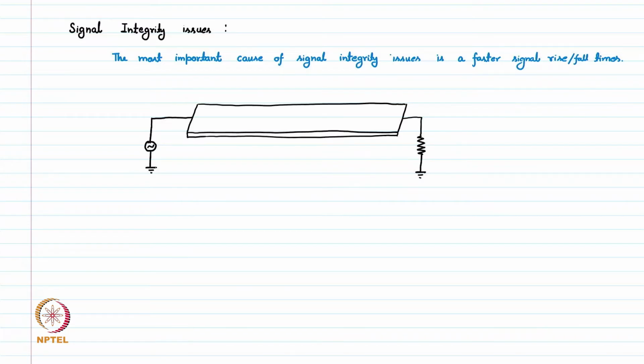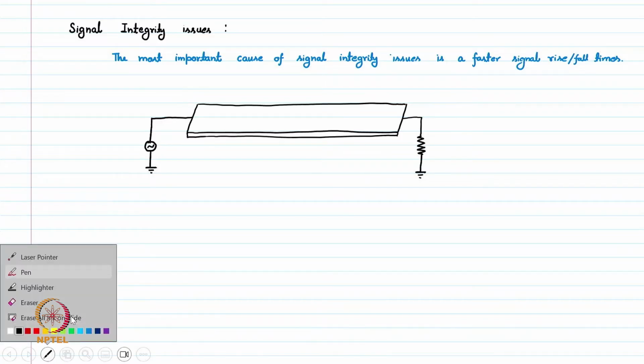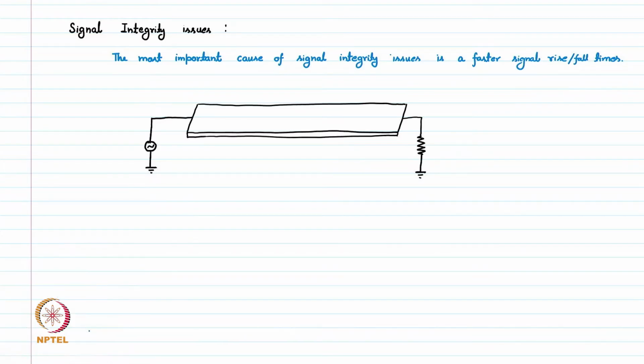Now when we apply this signal, for example, we are going from low to high or high to low signal. Let's say initially we have a high signal, which is, let's say, 5 volt here, and initially the signal was in stable condition.